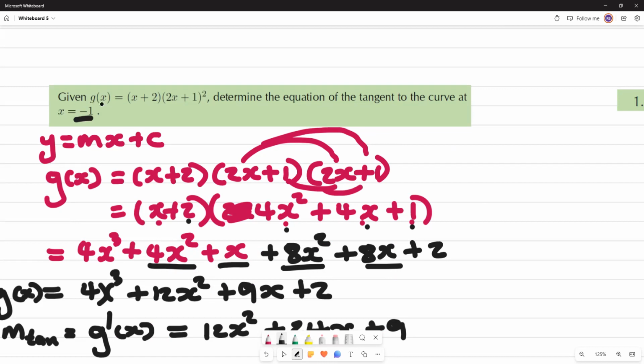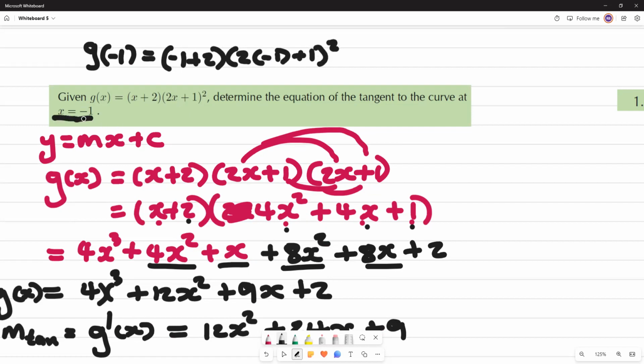I can put it there to get what the y value is. So I'm going to look for g. Where I see x, I'm putting -1, which means even here where I see x, I'm going to put -1. So here there's x, I'm going to put -1, then there's +2, then there's 2 times -1 plus 1, squared. You can see that I replaced all the x's with -1, but I just rewrote the equation. That will give us the y value.